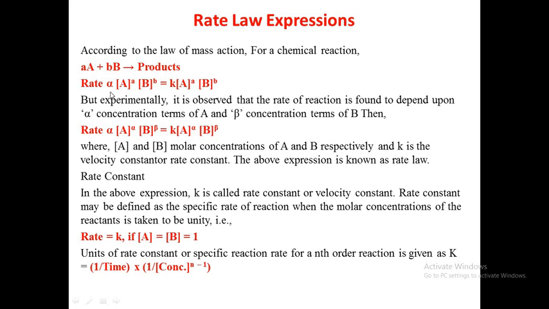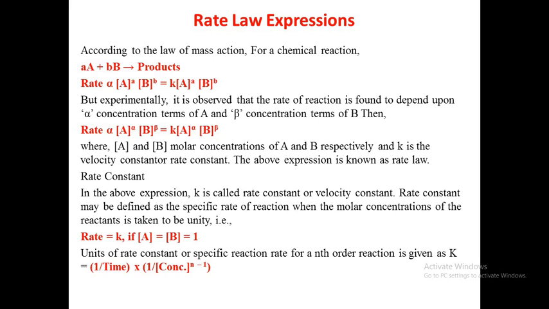When we replace the proportional sign with an equal sign, we have to multiply by K. Therefore rate is equal to K into concentration of A to the power a, concentration of B to the power b. These are their stoichiometric coefficients, and this expression is known as law of mass action.